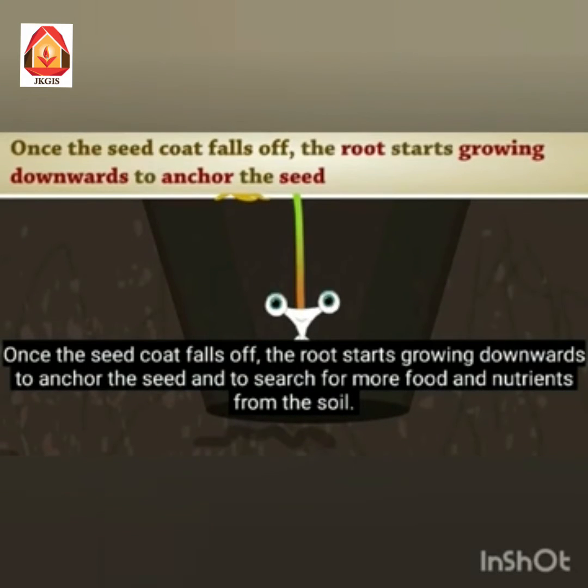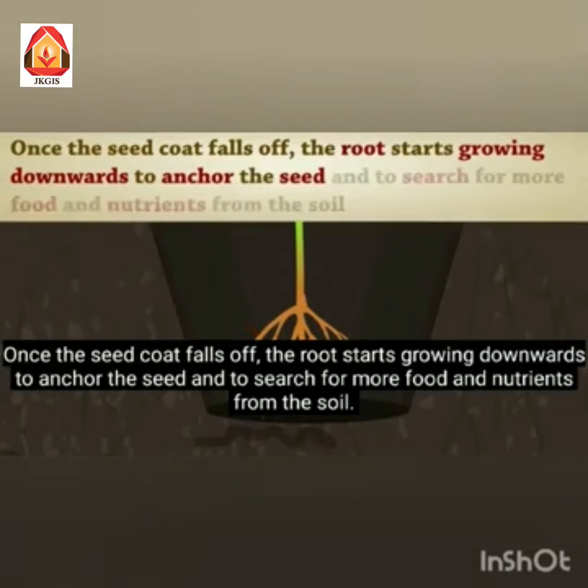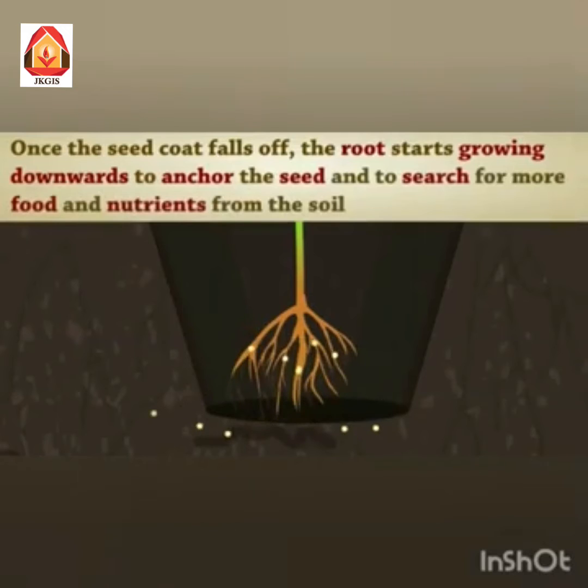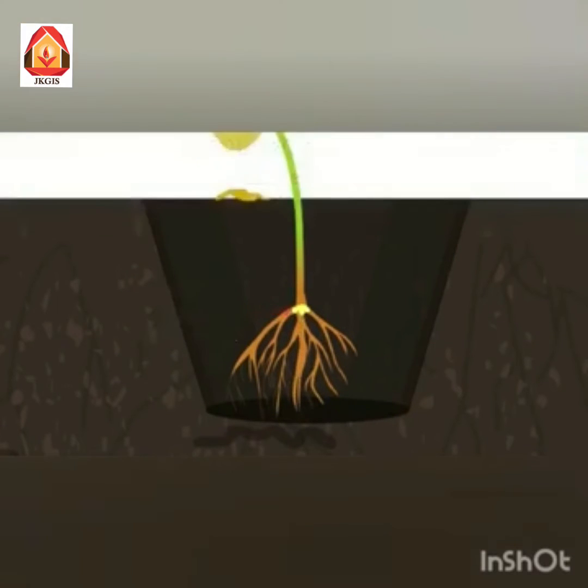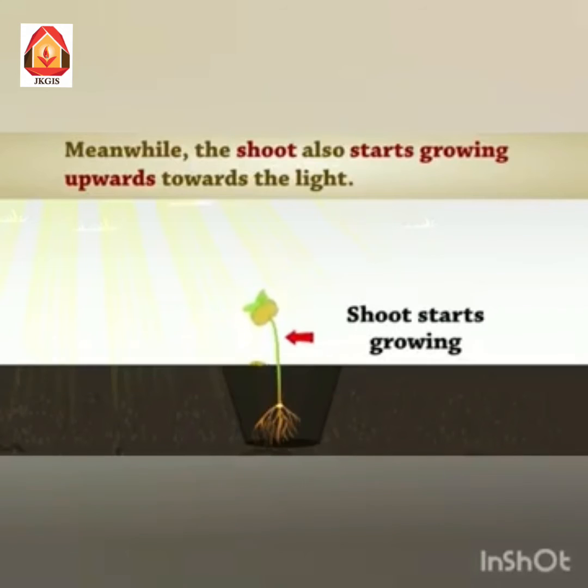Once the seed coat falls off, the root starts growing downwards to anchor the seed. Roots play a major part in providing support and nutrients to the plant. Meanwhile, the shoot also starts growing upwards towards the light.